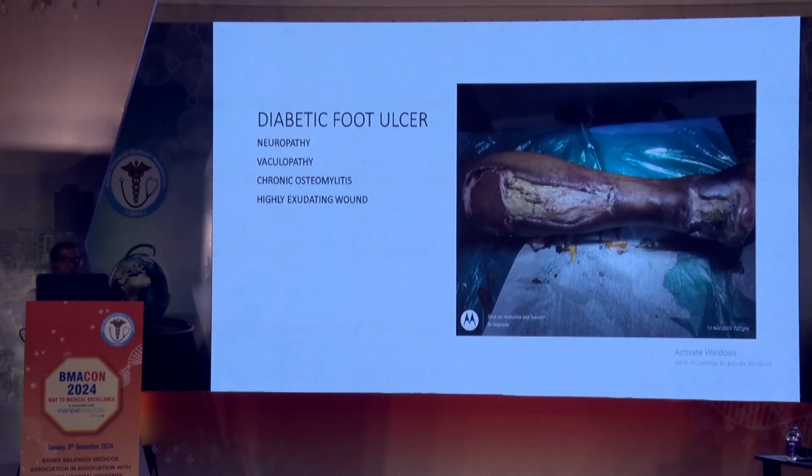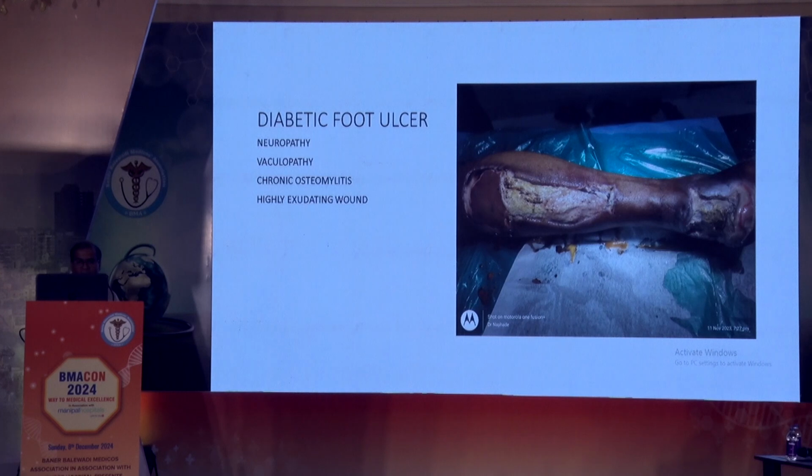So I'll quickly go through the basic problems with commonly occurring medical conditions. For example, diabetic foot ulcers contribute more than 50% of all chronic wounds. The hallmarks of chronicity here are neuropathy, vasculopathy, chronic osteomyelitis, and highly exudating wounds.